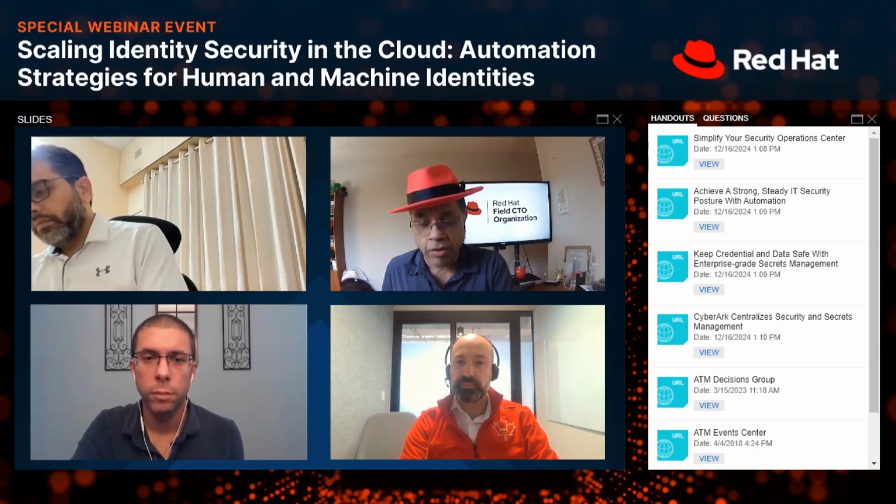And OpenShift by itself is a platform that can run anywhere: data center, virtualized, any cloud environment, edge, and so on. So this type of partnership, to Jeff's point, allows us to address identity management in a consistent way no matter where you're running. And such partnerships matter.